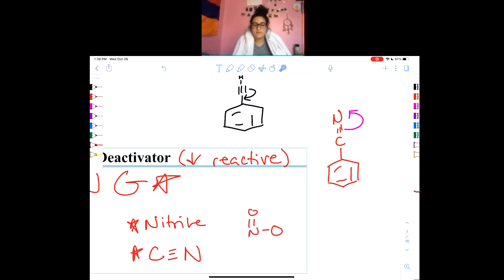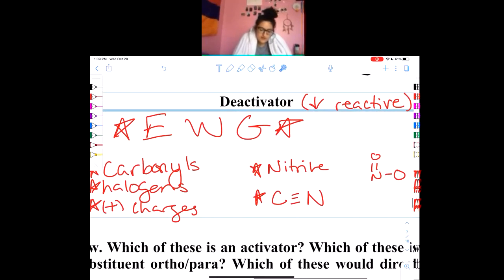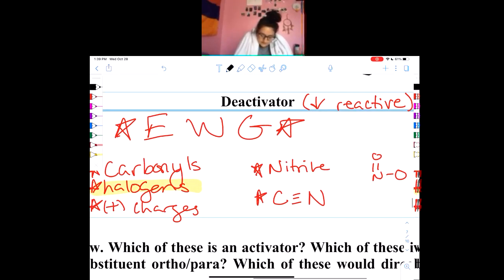And then someone said, are there weak electron donating groups? Yes, there are. And I'm so glad you asked, because that was the next thing I was going to talk about. So weak electron withdrawing groups are these halogens. So they are going to be weak.